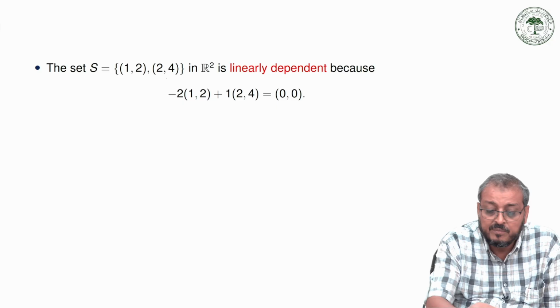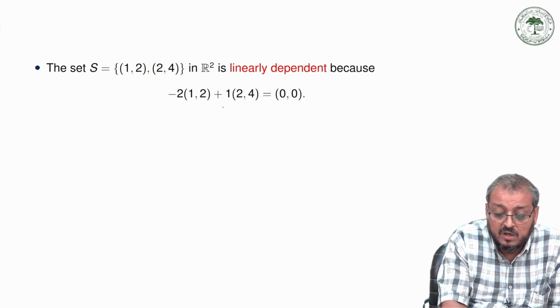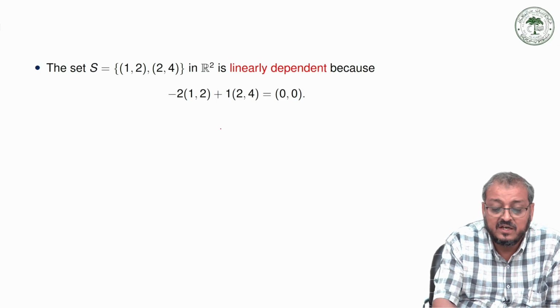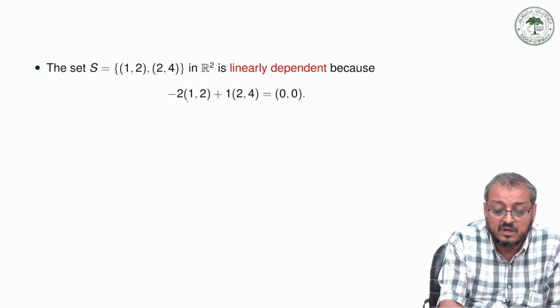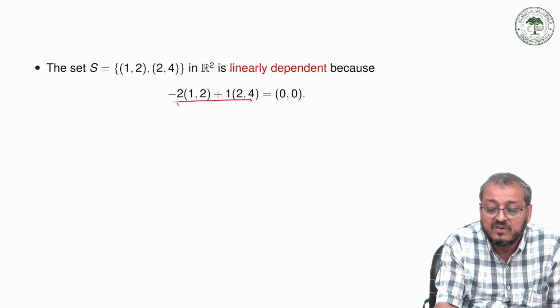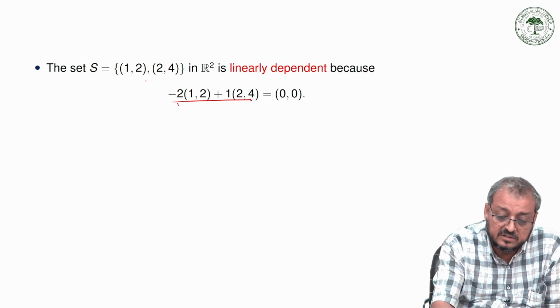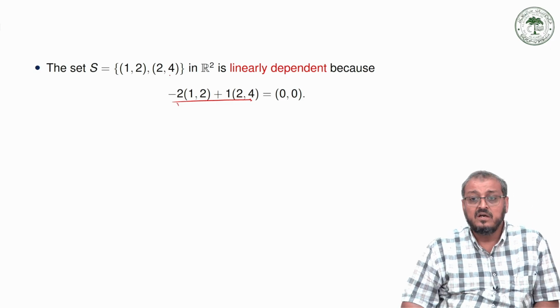Why? If we take α1 equal to minus 2 and α2 equal to 1, we get the zero vector. So this linear combination is a non-trivial linear combination, and that's the reason we can say that this set of vectors is linearly dependent.